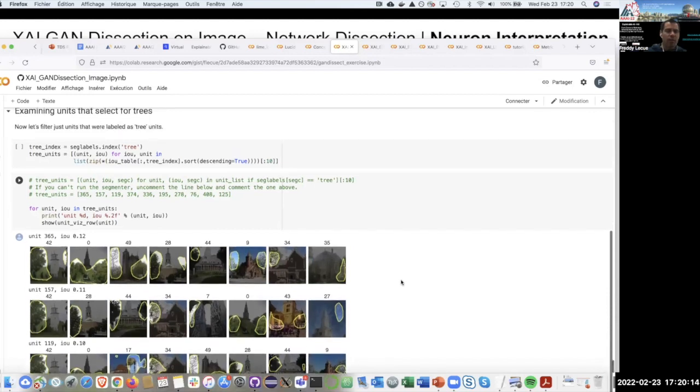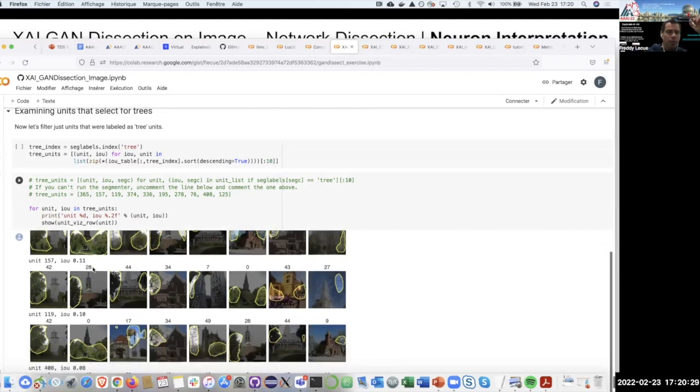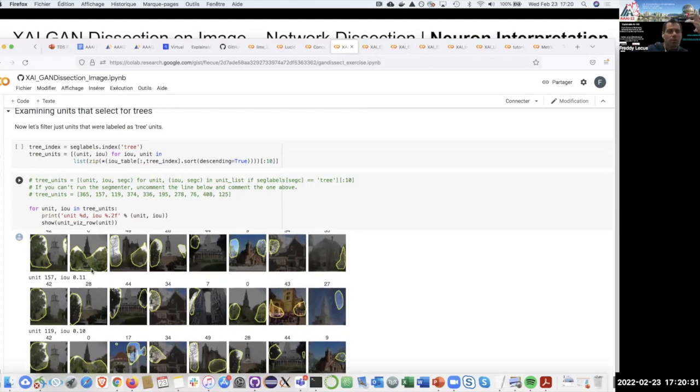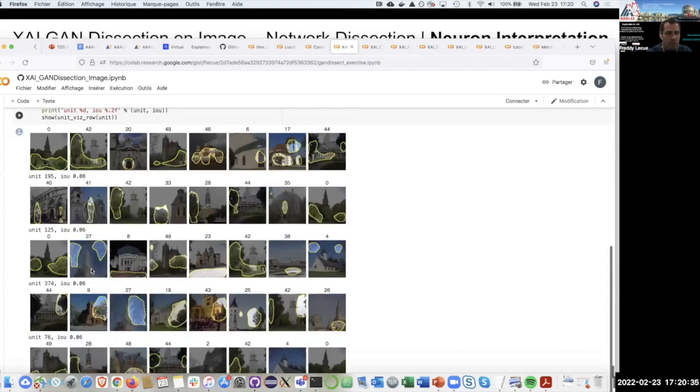And that's basically going back to the concept that you have a unit, and the unit is capturing a particular concept. So here, tree, and you see for each image, the trees are indeed captured by this particular unit. And if you take another unit and try the same thing, you won't get trees, because the goal of that unit might not be to capture trees.